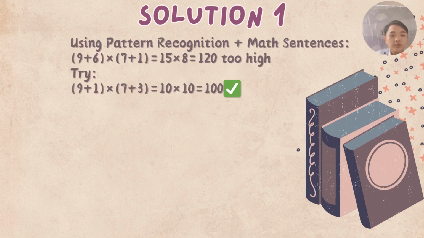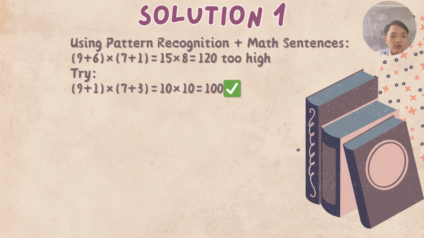For the first solution, we can try to use pattern recognition and mathematical sentences. We can try 9 plus 6 times 7 plus 1, which equals 15 times 8, so the answer is 120.